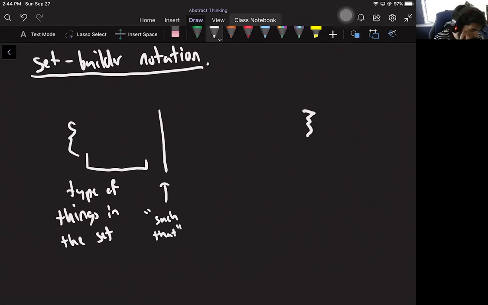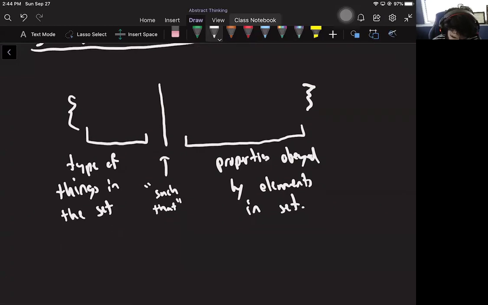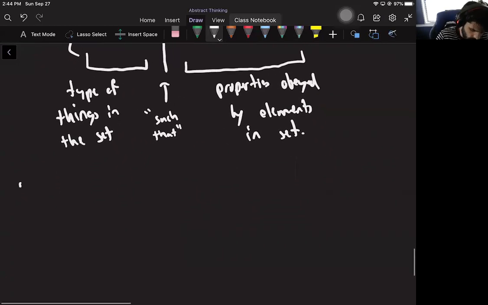And then the property that defines the things in the set. So you could think of it as the properties obeyed by elements in the set. So instead of listing out all the elements, you write the properties that they obey, and that tells you the elements because you're supposed to know what things obey these properties. As usual, it's way easier to see with an example, so we'll just jump right into it.